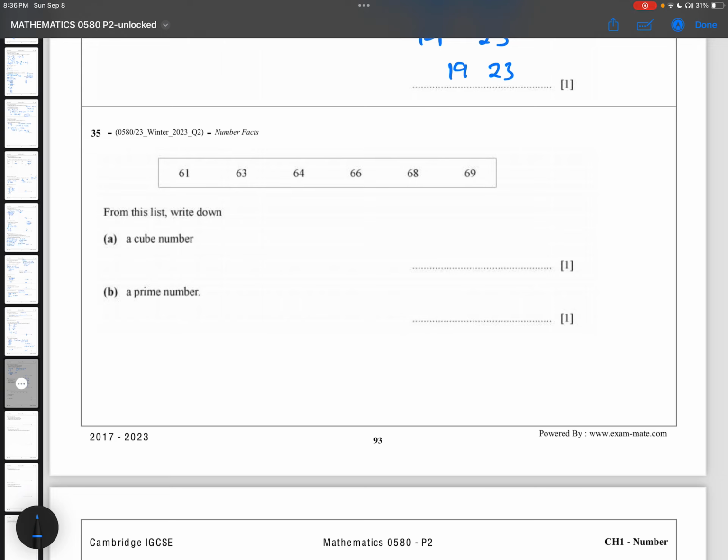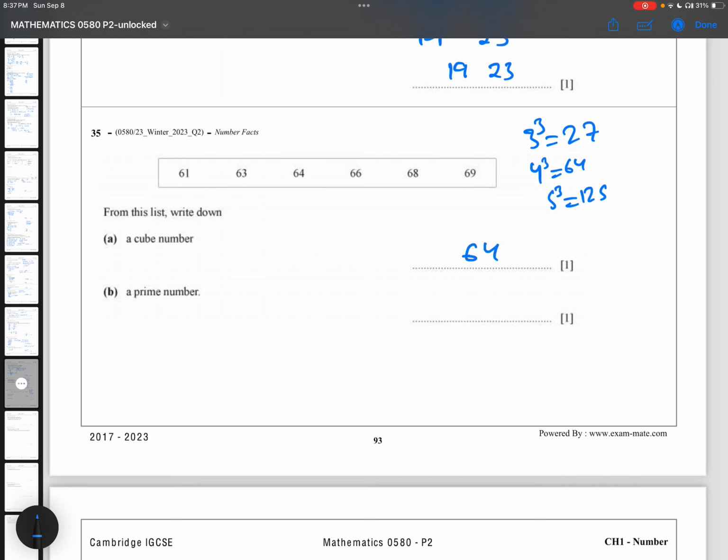From this list you can see that 64 is the only cube number, because cube of 3 is 27, cube of 4 is 64, and cube of 5 is 125. So other numbers cannot be the cube of any number. So 64 is the cube number.